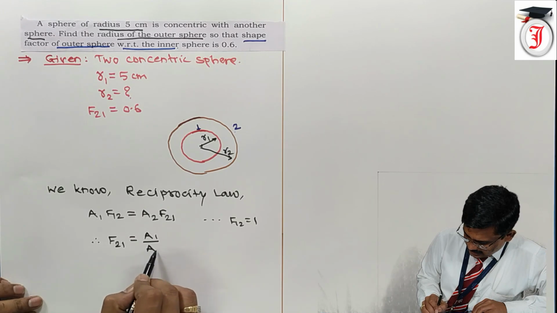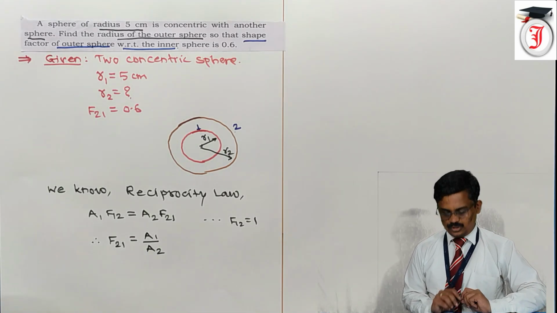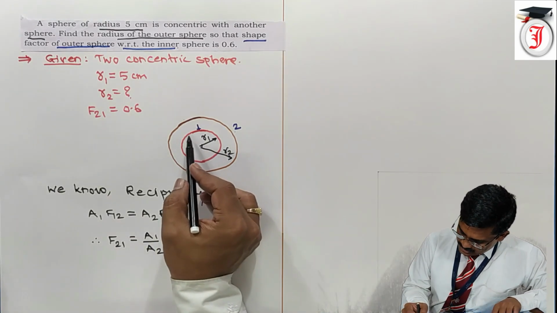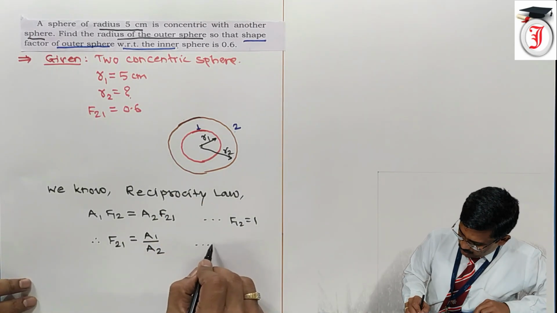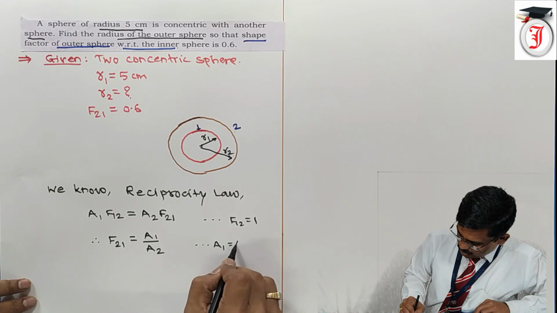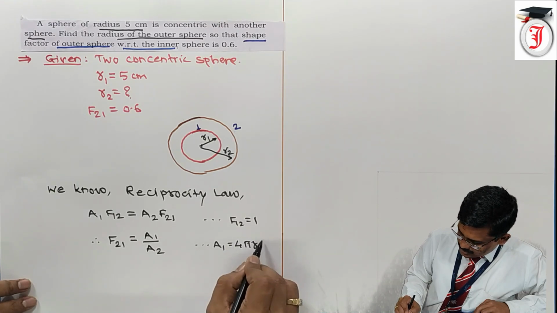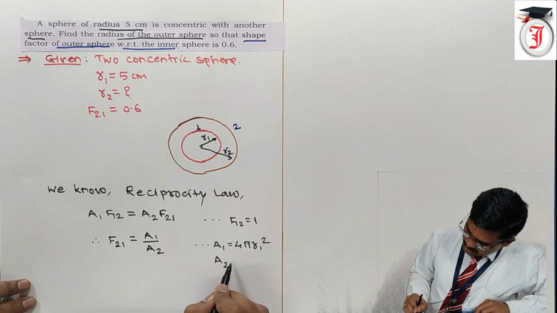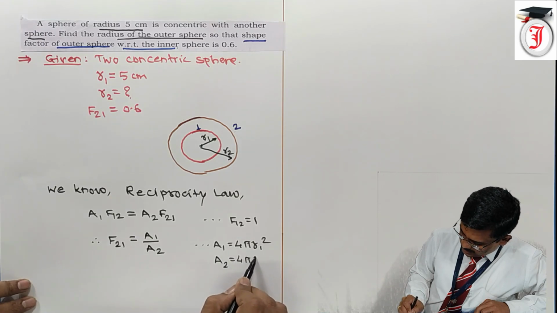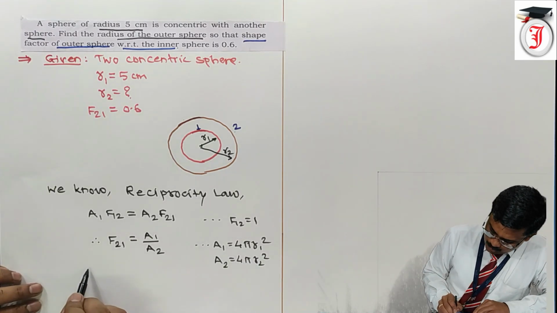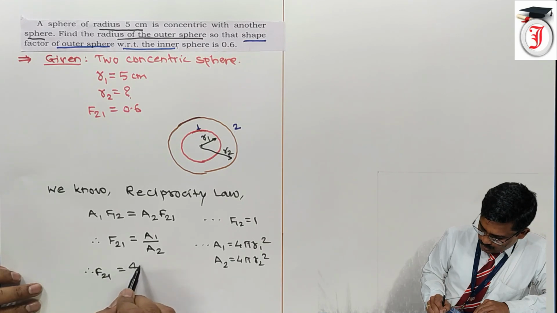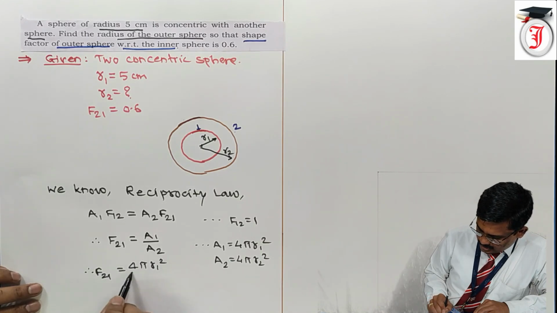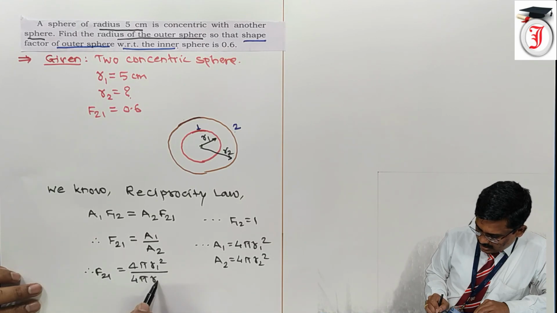Therefore we can write F21 is equal to A1 upon A2. A1 is the surface area of the inner sphere, equal to 4 pi r1 square, whereas the surface area of the outer sphere is equal to 4 pi r2 square. So let us put the values. F21 is equal to 4 pi r1 square upon 4 pi r2 square.